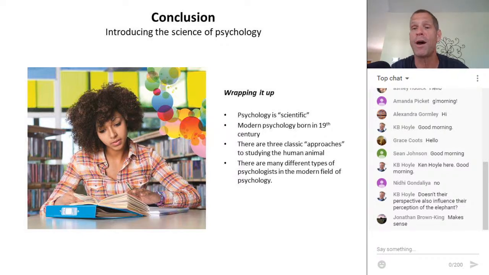I want you to know that modern psychology was born in the 19th century and who the three important founding fathers were, right? And then I want you to know how the three early psychologists approached the study of human beings, okay? And then I want you to know why psychology became professionalized in the 1940s. And I want you to be able to identify about 9 different areas of specialization.